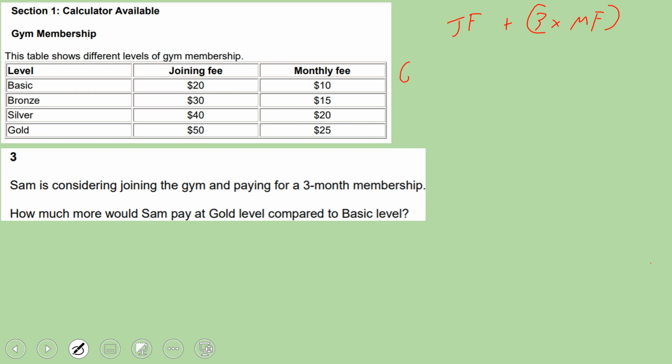So for gold, for $50 joining fee plus 3 months of $25 a month. 3 times 25 is 75. So we need to do 50 plus 75. 7 and 5 is 12. It's $125 for gold.